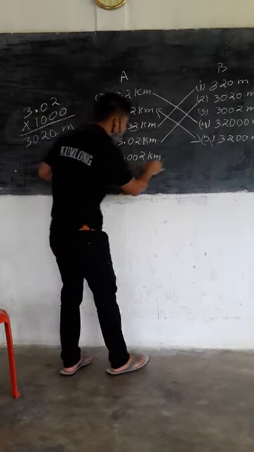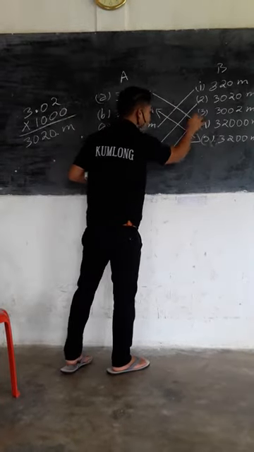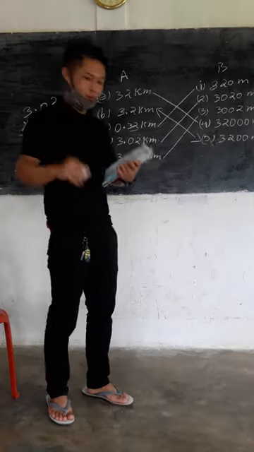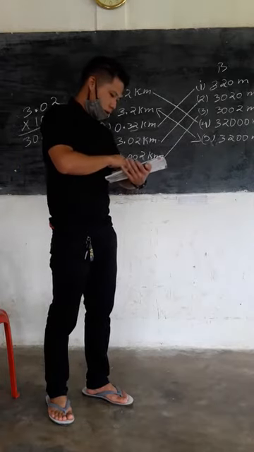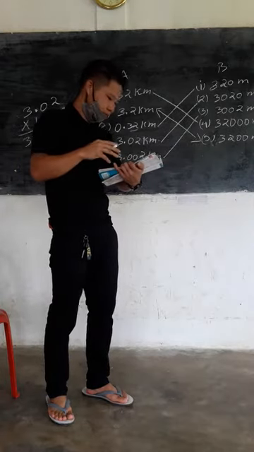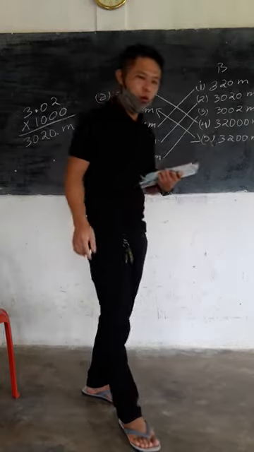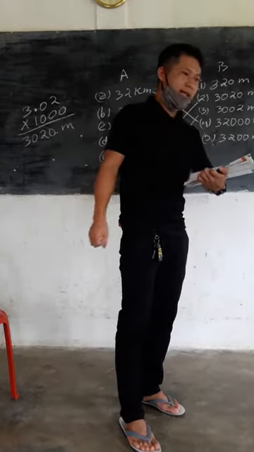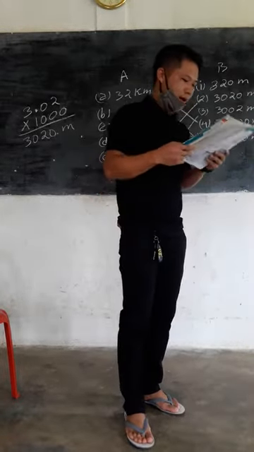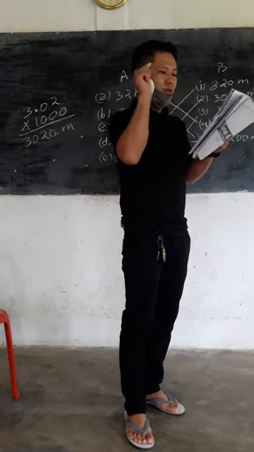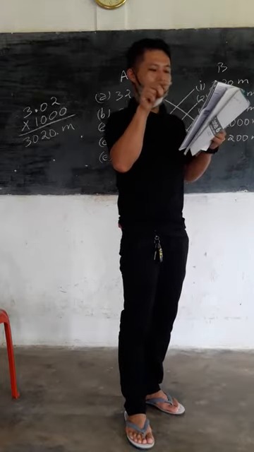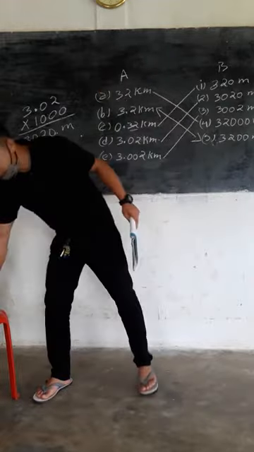And the last answer is this one. Question number 4. Fill in the blanks. Number 1. More than 2 lines passing through a single point are called what?